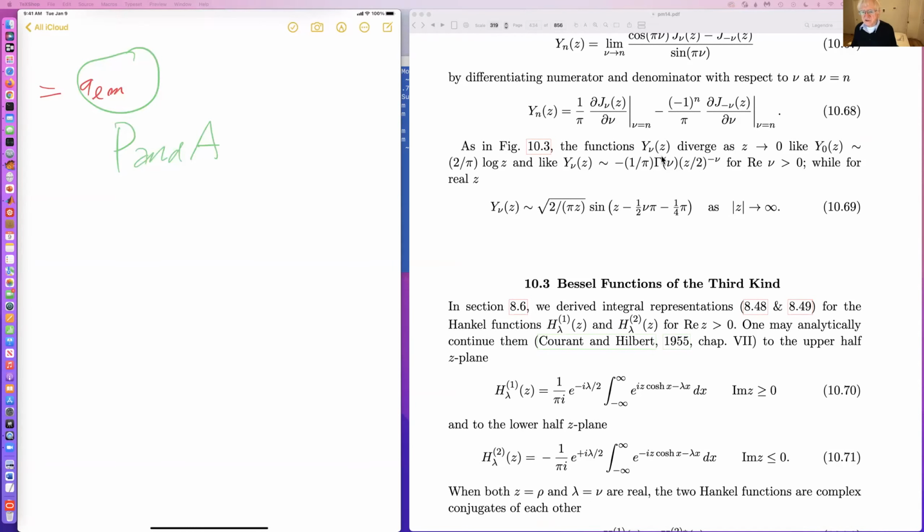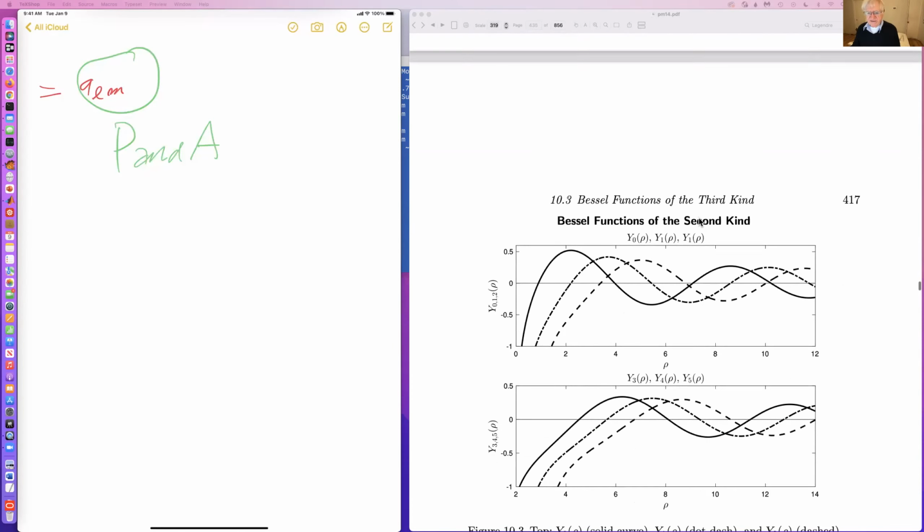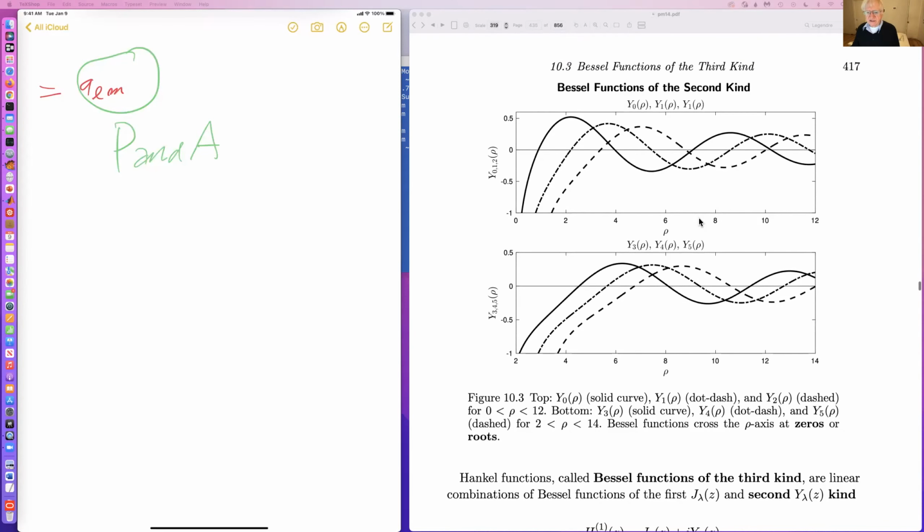Now, what are these Y nu of z's? Well, these are ones that are singular as z goes to 0. Y0 is like a log. Y nu is a gamma function times z to the minus nu for the real part of nu being positive. And for very large z, they're oscillating like the other Bessel functions, 1 over root z times the sine. I've got a graph of these that look like this.